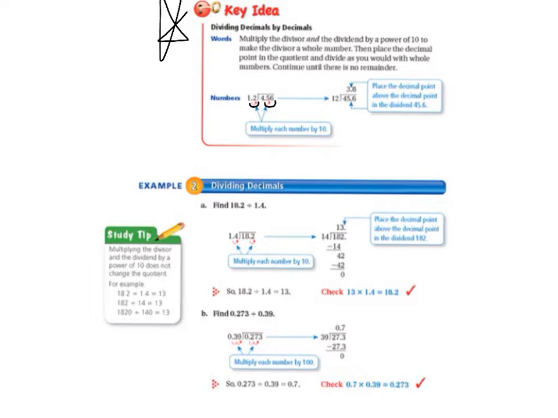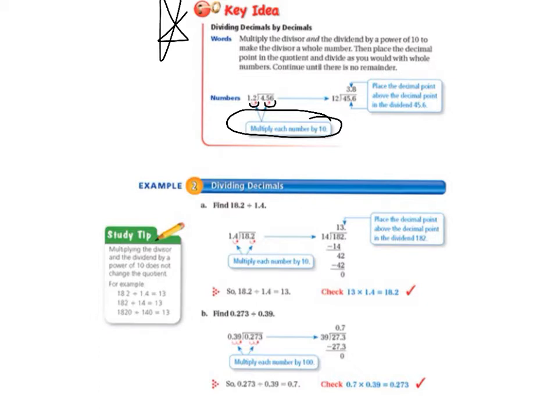So you need to move it from between the 4 and the 5 to between the 5 and the 6. So your new problem is 45 and 6/10 divided by 12. So the book is correct. You are multiplying each number by 10, but it's really just sliding decimal points. Do pause and write this example and explanation in your notebook.